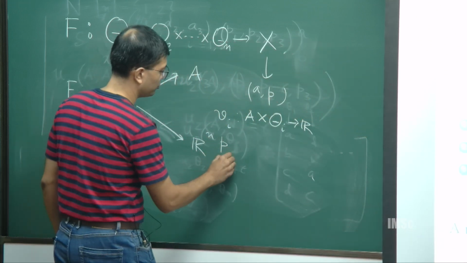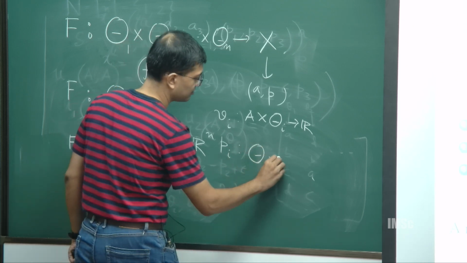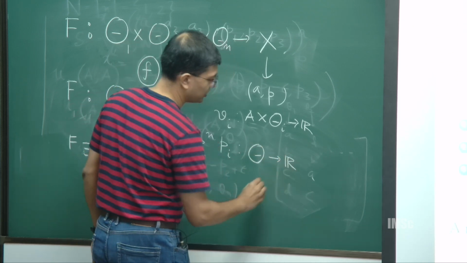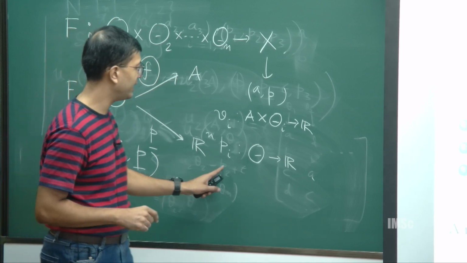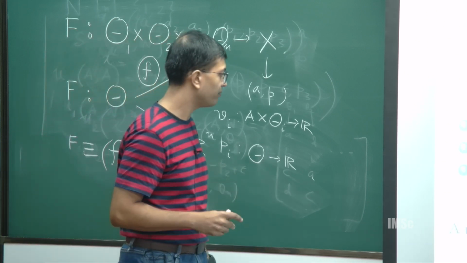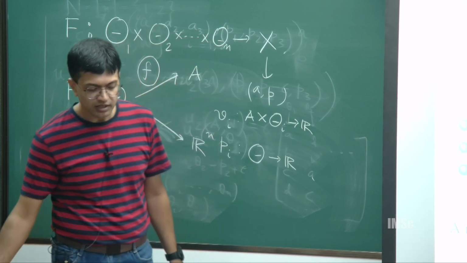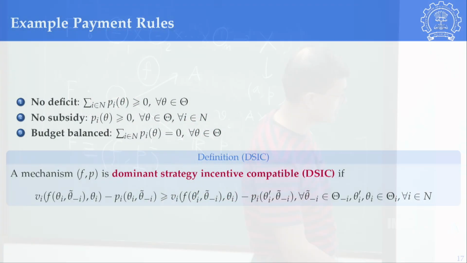Pi is also a function of the entire theta to the real numbers, because payment can be dependent on everybody else's type, and we have seen one example where the payment is not a function of that agent's type. Okay.